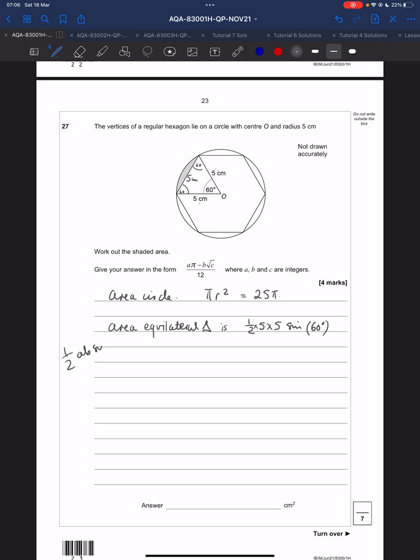Half ab sine C is the area of a triangle, if it's not a right angle triangle; when it is, it's half base times height, anyway, that's where they teach it at GCSE. So the area of the equilateral triangle is a half of the two sides multiplied together, also multiplied by the sine of the angle between them, 60 degrees. So this is 25 over 2, and sine 60 is root 3 over 2.